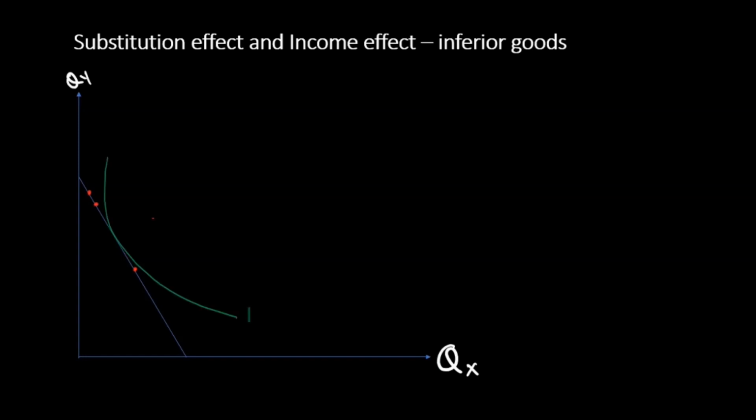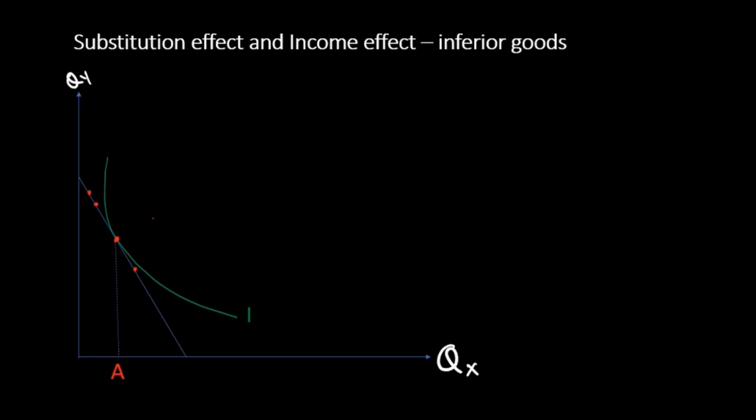Different points on this line indicate different combinations of good x and good y that I can buy. This is my initial indifference curve I, and we all know that the point of tangency between the indifference curve and the budget line gives me the most optimal point of consumption. So I got this point here, and if I extrapolate it on the x-axis, I get point A. Initially I was consuming A units of good X. Now suppose the price of good X decreases.